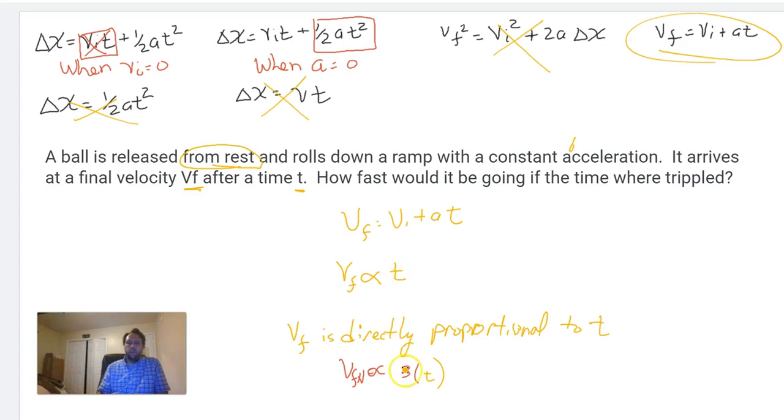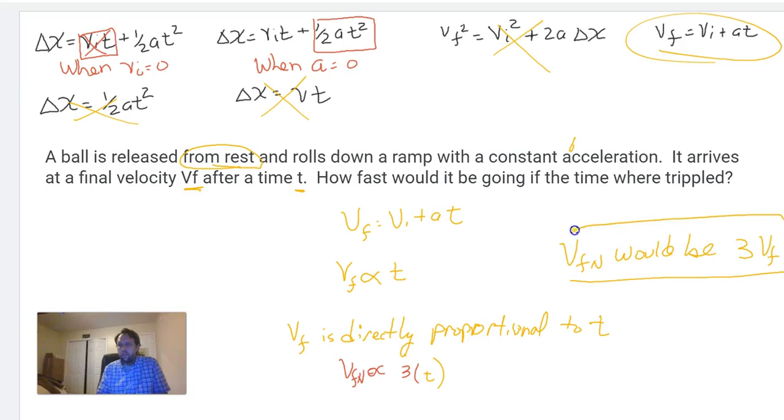Well, you multiply the time by 3, and you're going to get 3 times as big of a number. And so t times 3 gets you 3 times as big of a VF. So VF new would be 3 VF. And that's how we do those.